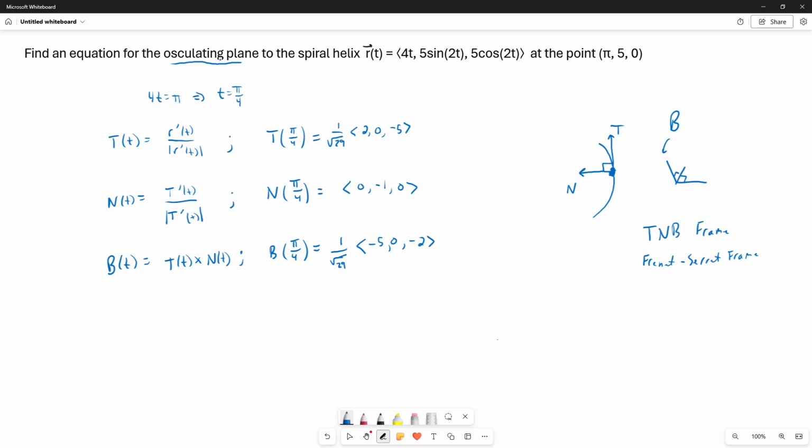So as a plane moves through space, if you pick a point on the curve and you zoom in on the curve, then the curve is for the most part in a plane. And that plane is this osculating plane. If the curve is a plane curve, then the osculating plane is just the plane that the entire curve is in.